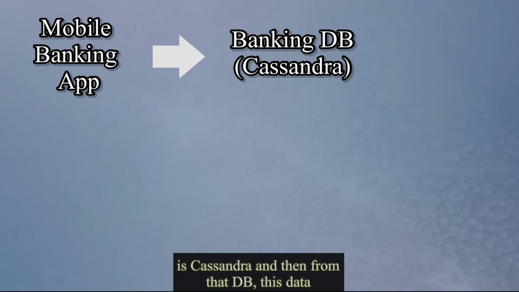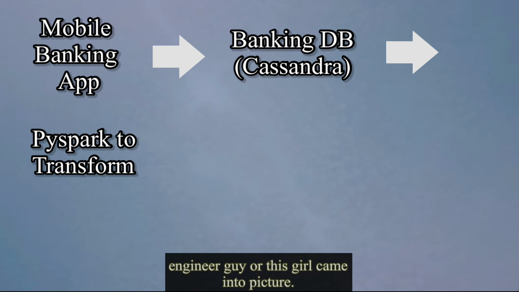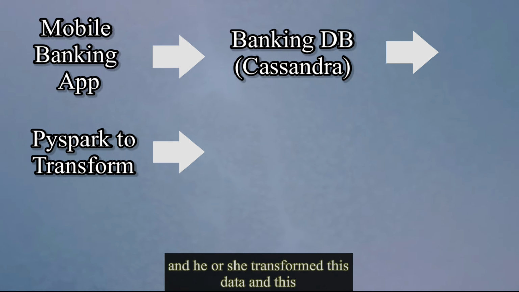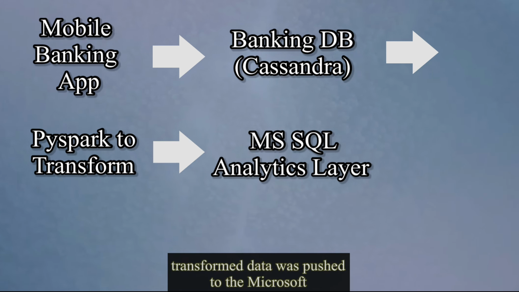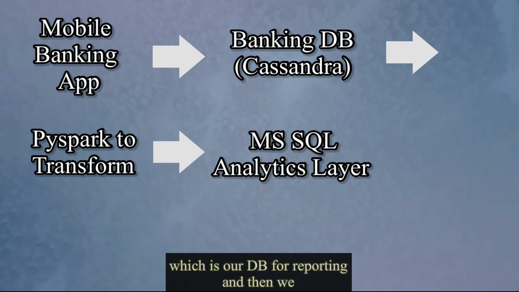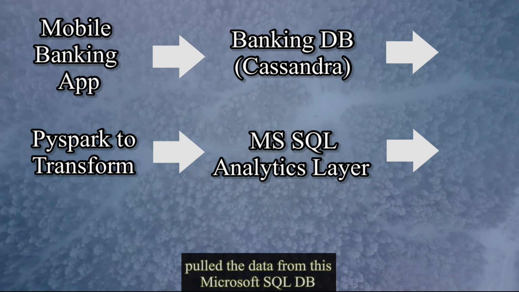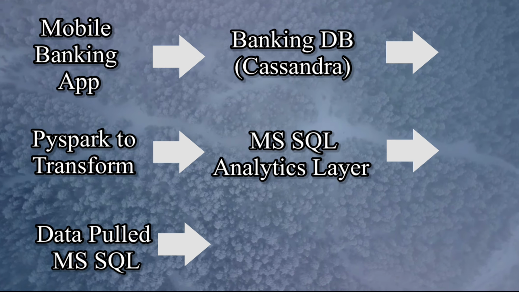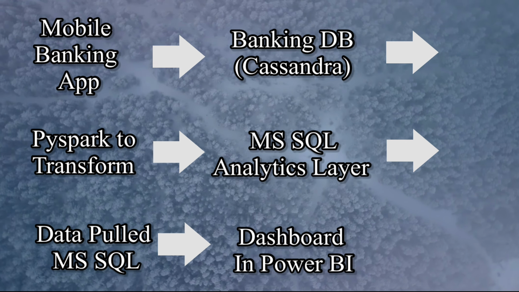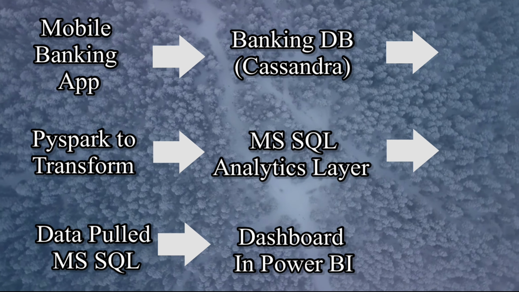And then from that DB, this data engineer came into the picture, and he or she transformed this data, and this transformed data was pushed to the Microsoft SQL, which is our DB for reporting, and then we pulled the data from this Microsoft SQL DB, and then we created the report. So this is the entire end-to-end journey as to how this transaction traveled from mobile banking to the Power BI dashboard.